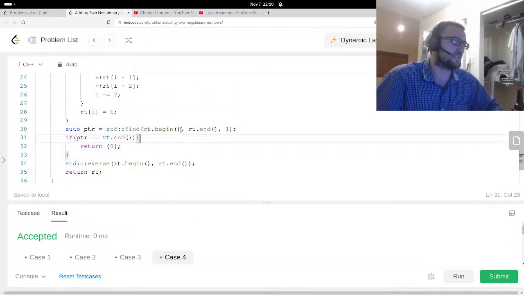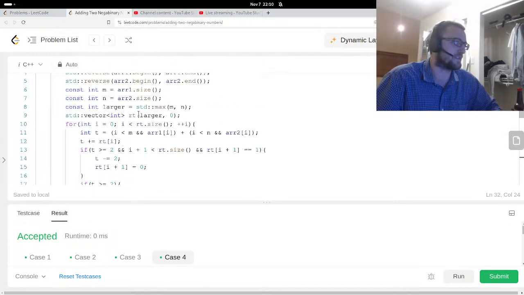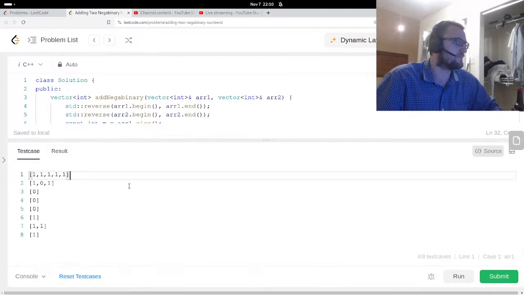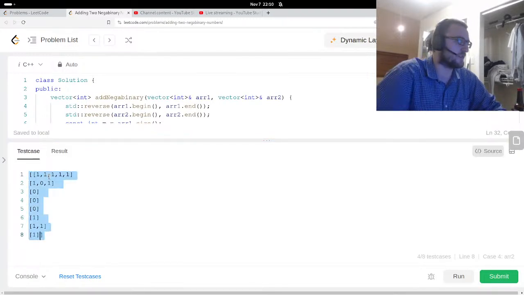Yeah, I think I'm just going to check to see if there's no 1s, then I'll just make it a 0 and not make this so complicated. I think I need to go for more complicated test cases though.